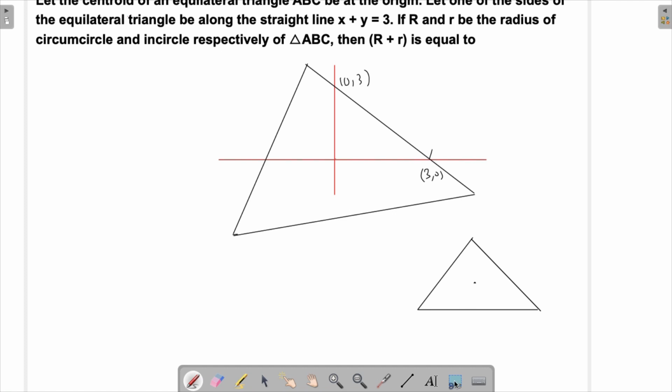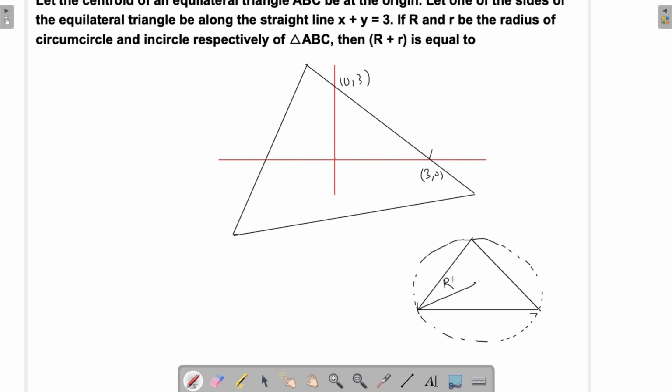The circle which will be the circumcircle would be passing this way, and this is what will be called your circumradius.